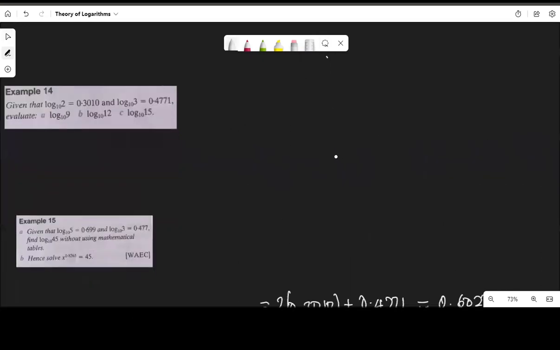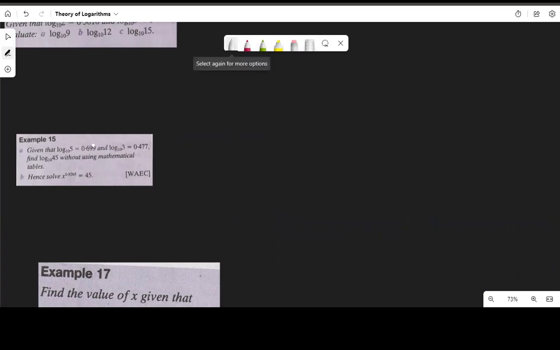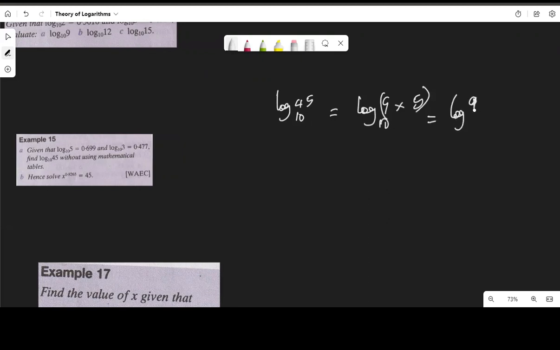Let's move on. Question 15 says, given that log 5 is equal to this and log 3 is equal to this, find log 45 without using mathematical tables. Log 45 will be log 9 times 5 to base 10, which is log 9 to base 10 plus log 5 to base 10.